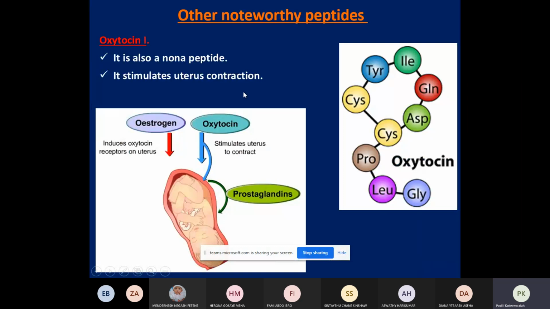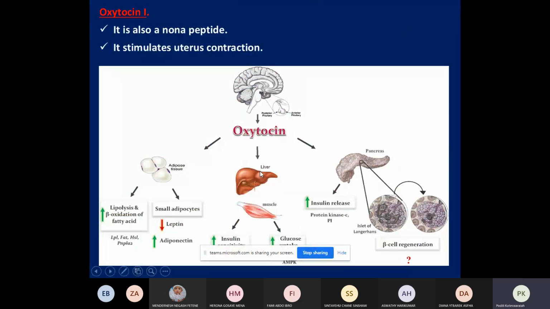And then the oxytocin. We know oxytocin and vasopressin are sister hormones, and oxytocin is also a nonapeptide. It is mainly synthesized in the hypothalamus, and it stimulates uterine contraction. It is also secreted from a few other tissues such as the ovaries and testes, and it causes the stimulation of the ejection of milk.